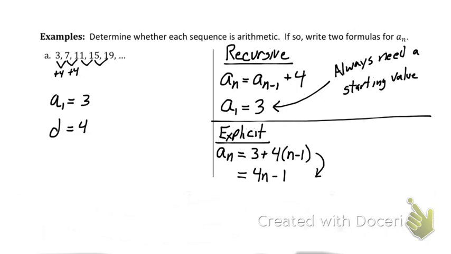So you can write either one of these. This is an or kind of thing. I prefer this one. It makes your life a lot easier. Plugging numbers into this one takes a little bit longer than plugging in numbers here. But both are the explicit formula.